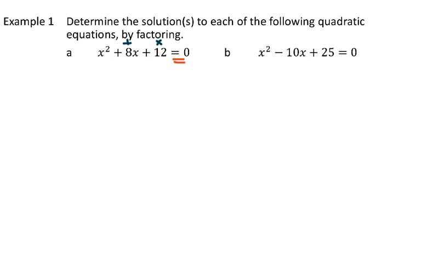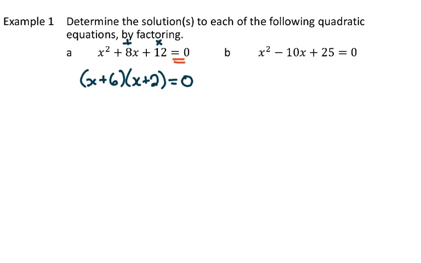Those numbers would be 6 and 2. So we still factor this into x plus 6 and x plus 2. The only difference now is that this is a part of a quadratic equation and it does equal 0. So don't forget to add that on there.